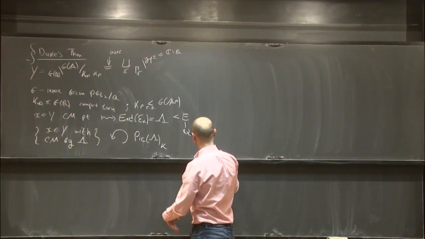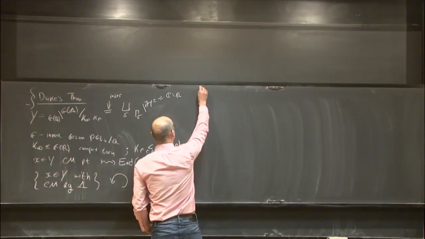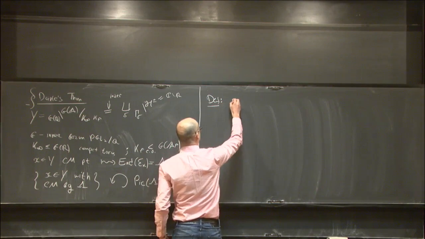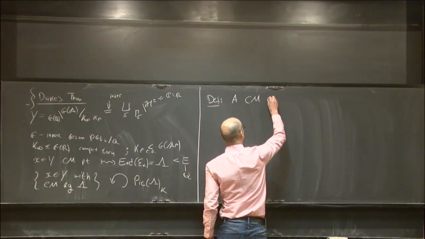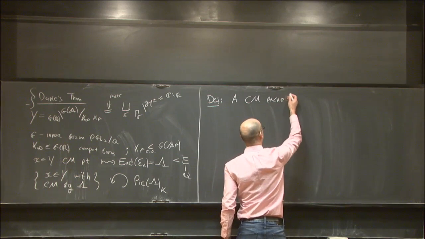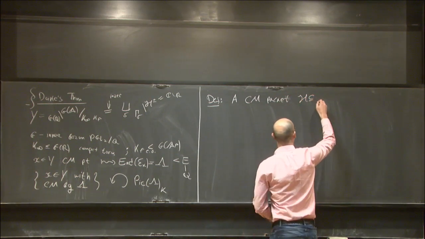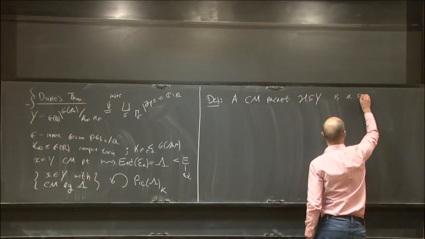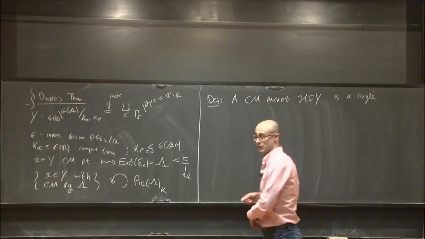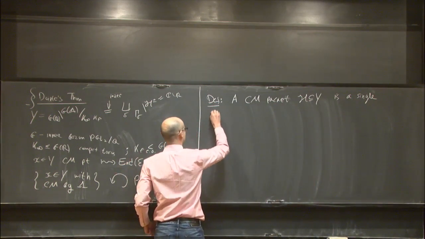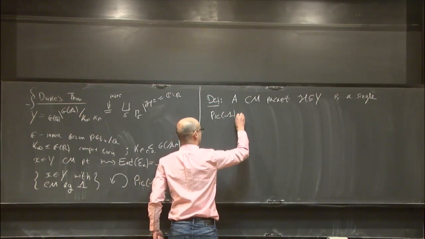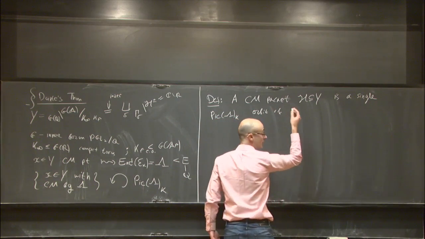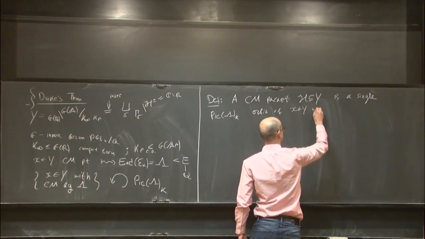And maybe I would like to define, just fix a CM packet H in Y is a single orbit. So each CM packet will come with some order lambda, a single, maybe slightly bigger, orbit of a point with CM by lambda.